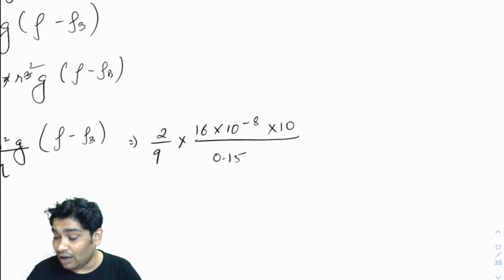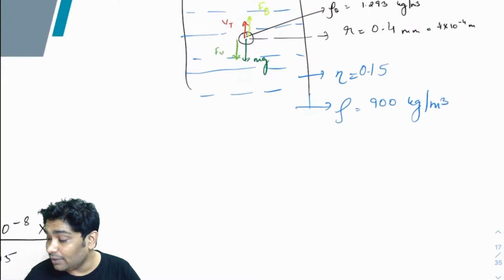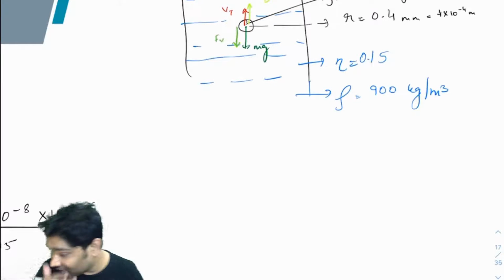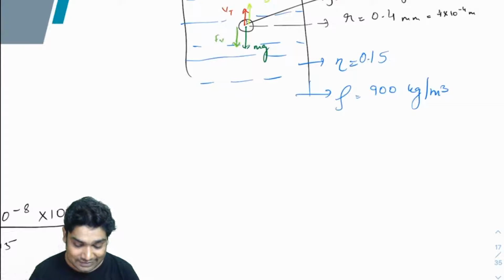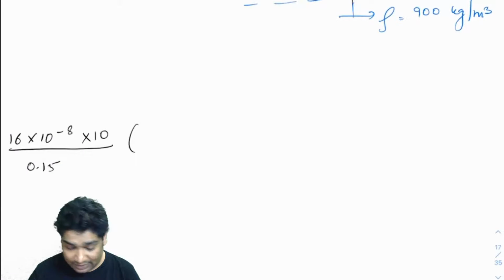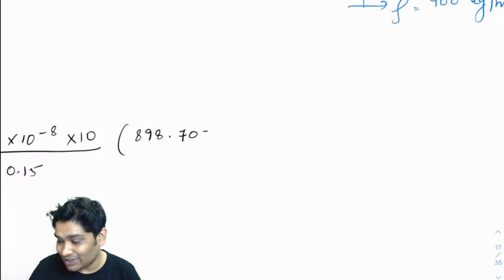Alright, and again, now I have rho minus rho. So rho minus rho would be 900 minus 1.293. So yeah, these are some weird numbers. So let's quickly get this. That will be 898.707.